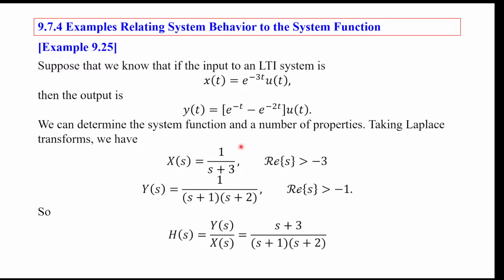And y of t has two parts: 1 over s plus 1 minus 1 over s plus 2, which combine to 1 over s plus 1 times s plus 2. Once again it's right-sided, and the ROC is Re(s) greater than minus 1.